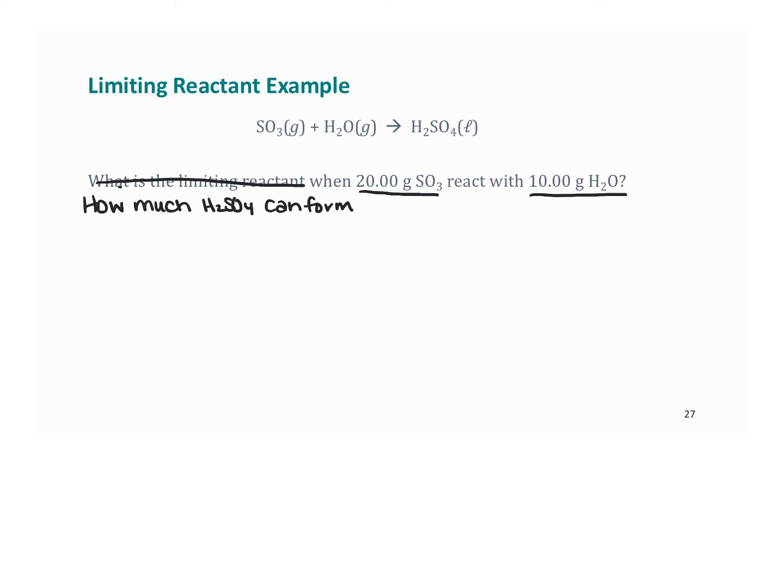The context clue here that this is a limiting reactant example is you are going to be given 2 or more reactant amounts. This a lot of times is a sneaky question because it won't come out and say, what's my limiting reactant? So the process here is you need to figure out the one that produces the least, okay?